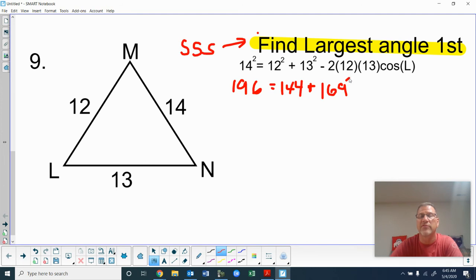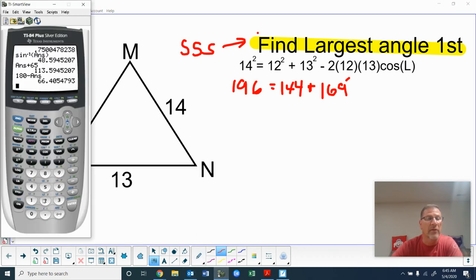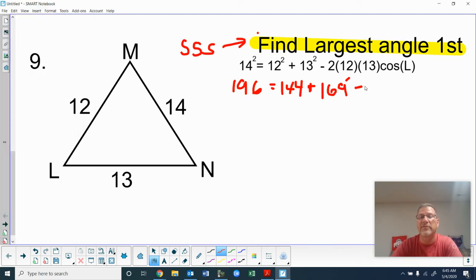And then 2 times 12 times 13 is 312. So that's going to be minus 312 cosine of angle L.